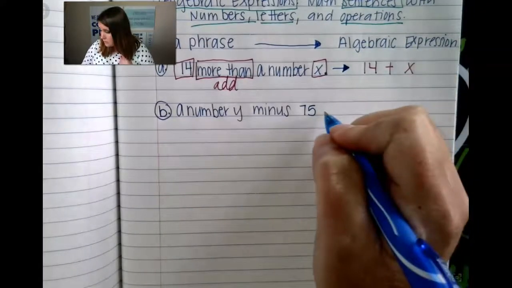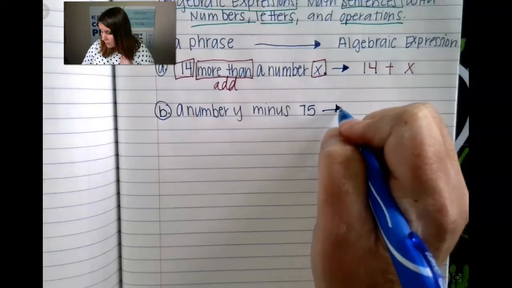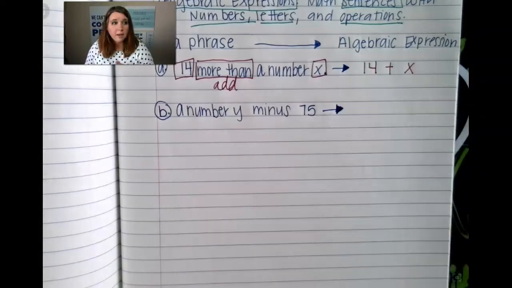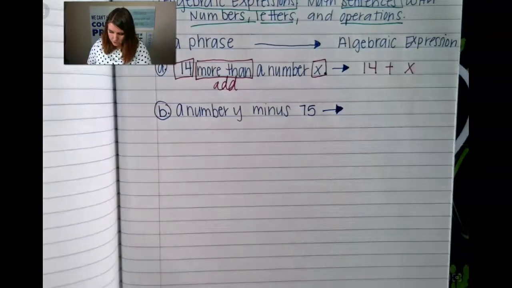ELA to math. How am I going to go from English to math? All right. Well, first we're going to start with our clue word. Here we go. What is the clue word?